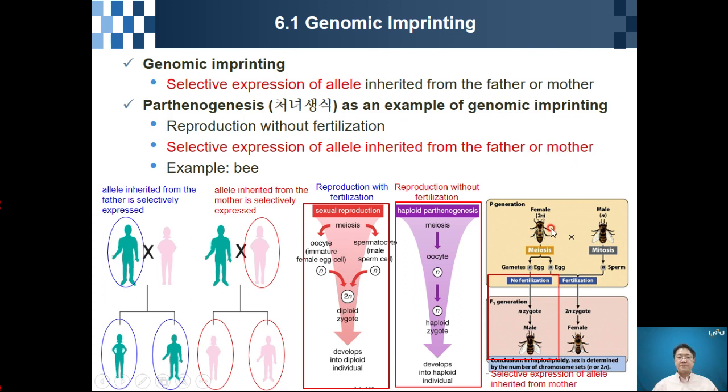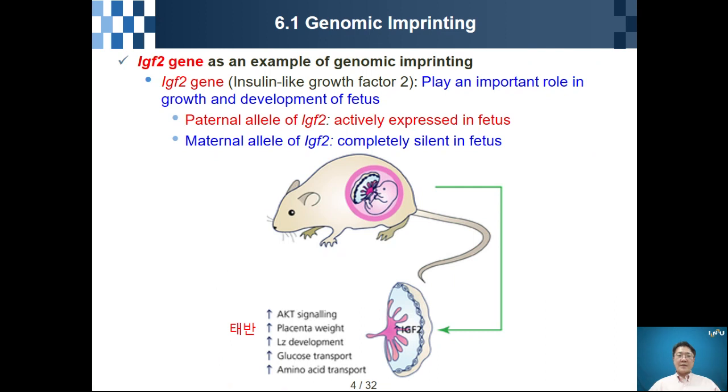In this slide, I will explain the IGF2 gene as an example of genomic imprinting. So what is the IGF2 gene? The full name is insulin-like growth factor 2. This gene plays an important role in the growth and development of the fetus.